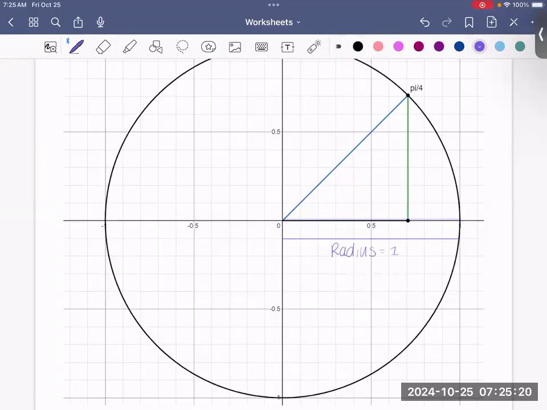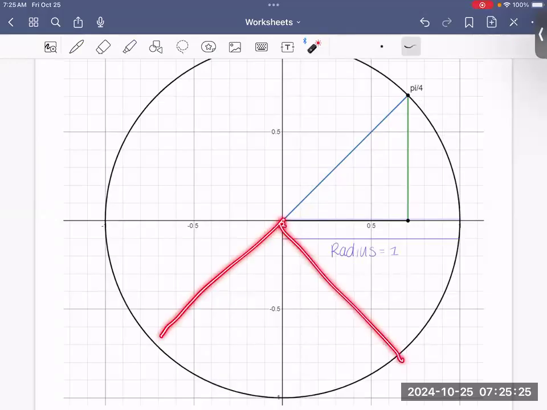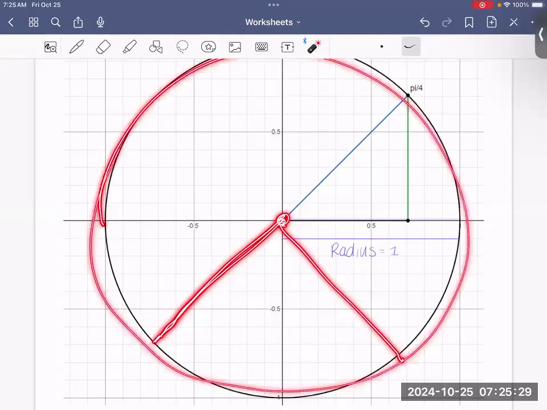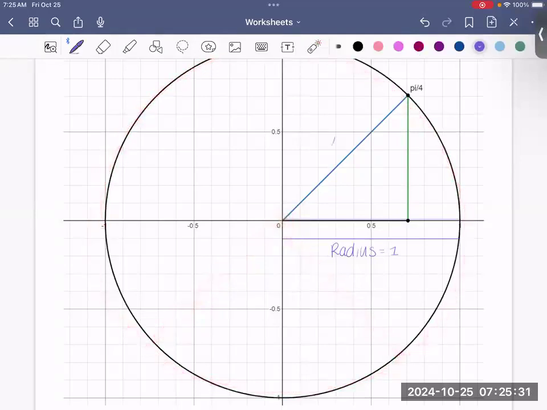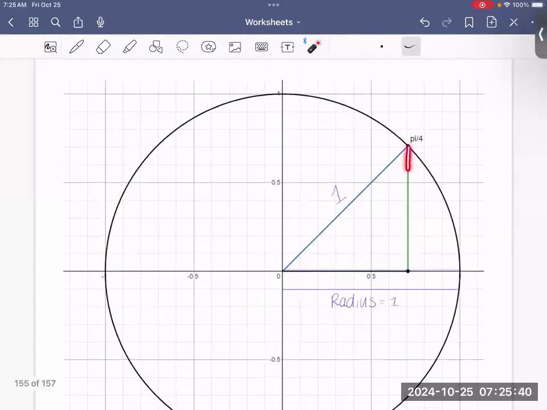If your radius is 1, that means that any branch that we extend from the origin out towards the outer wall of this circle is going to have length 1, meaning that this line in blue will also equal 1. Now notice that in this case, this green line is not at this 1/2.